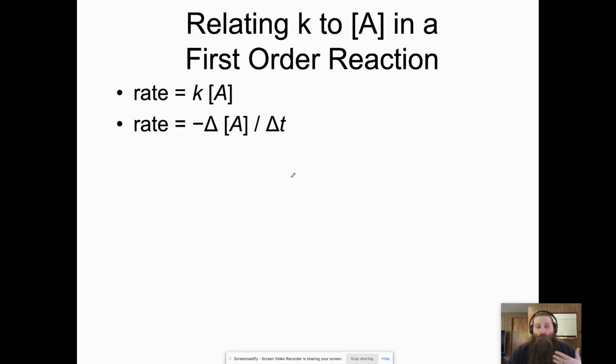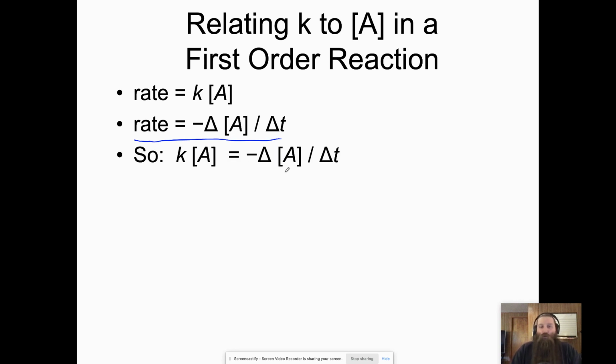We know from the first section, the first 15 slides, that we had already identified rate is equal to negative delta concentration of A over delta t. Now we can put these 2 things together and relate our concentration and our change in time back to k, to our rate law.